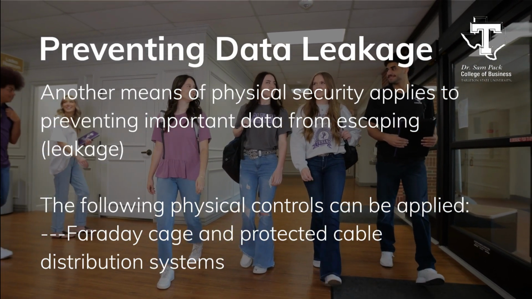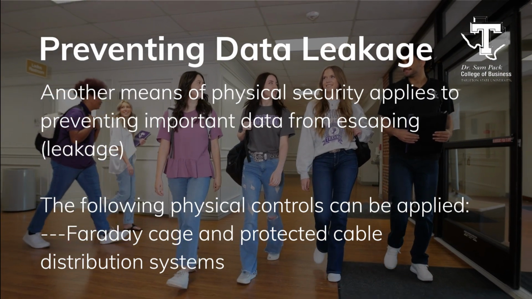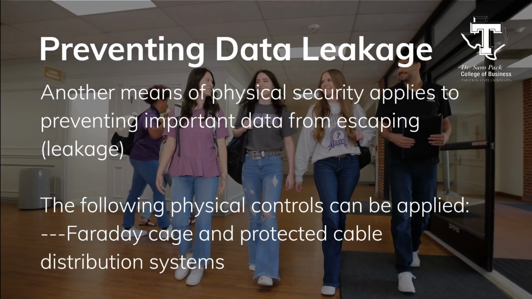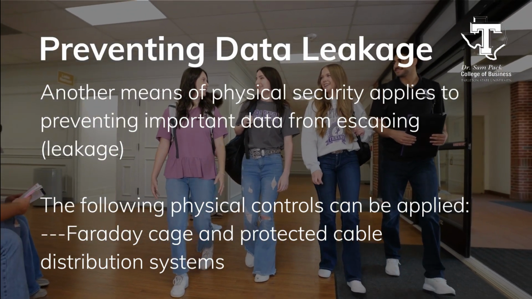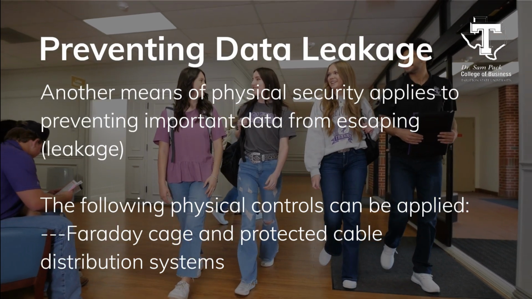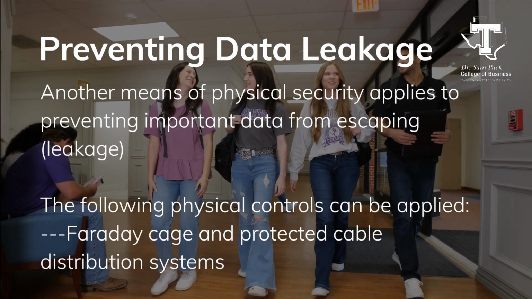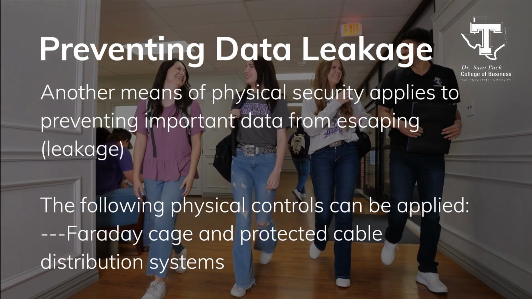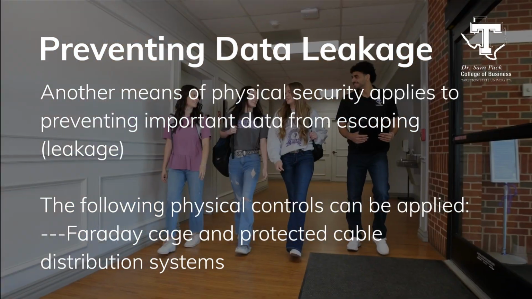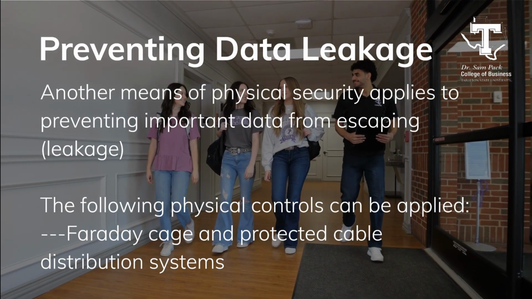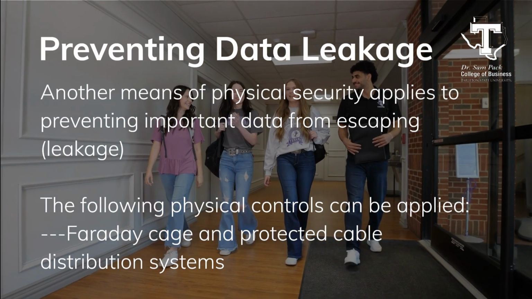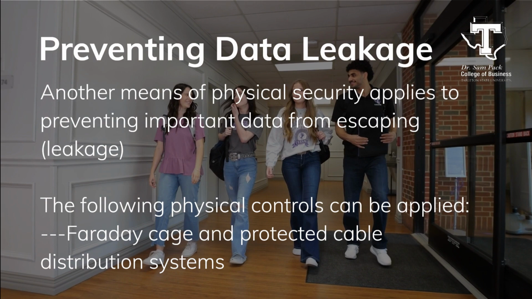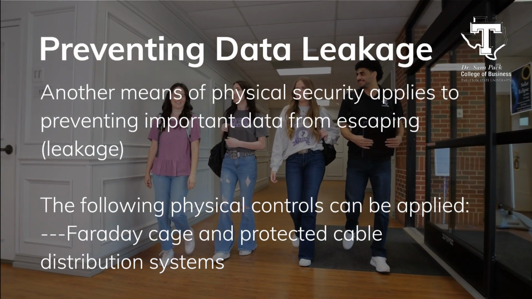Protected cable distribution systems. These systems are designed to safeguard the physical integrity and security of wired data transmissions. Protected cable distribution involves using conduits, armored cable, or dedicated cable pathways that are resistant to tampering and interception. Ensuring that the cables carrying sensitive data are not exposed or accessible is vital to prevent data interception or damage.